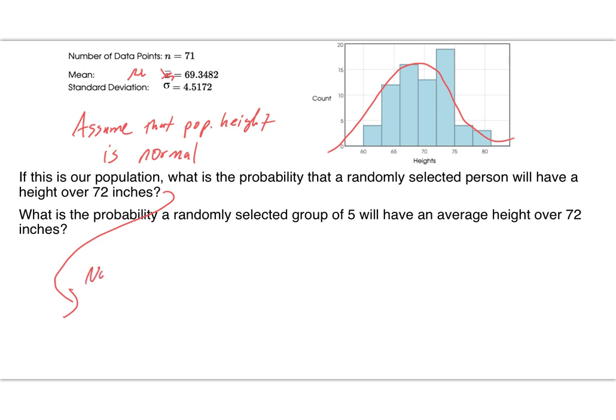There's a normal distribution. Sigma is known. So I'm going to use z equals x minus mu over sigma. I'm going to show that formula every time, which is statistic minus parameter divided by standard deviation of the statistic.